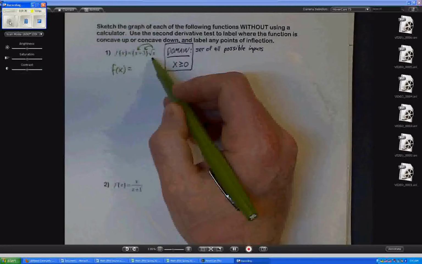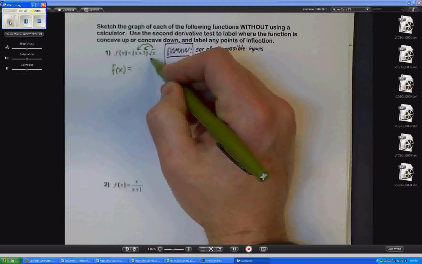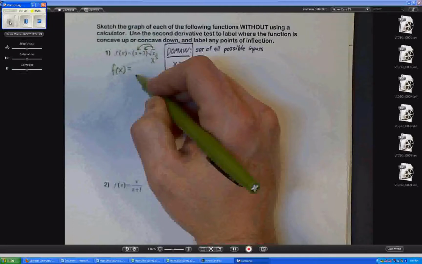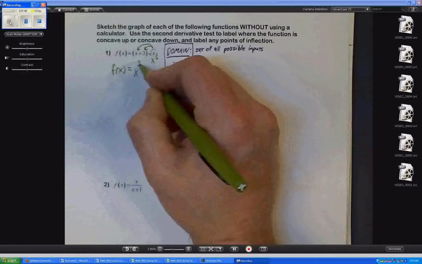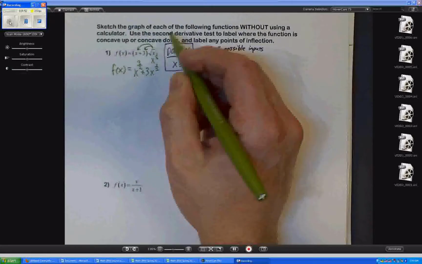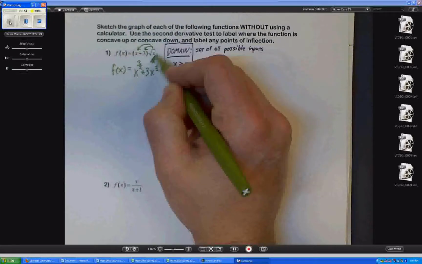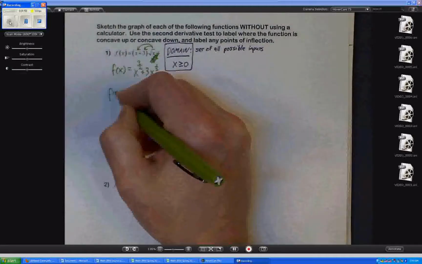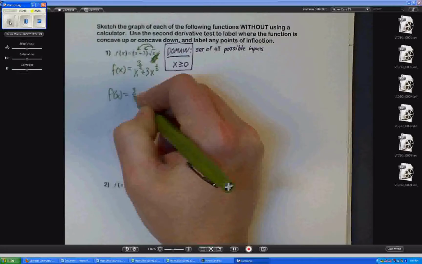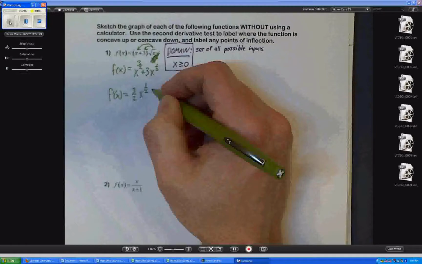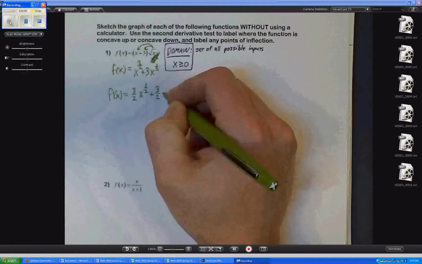What's another way to write the square root of x, by the way? x to the 1/2, okay? So then f of x is actually equal to x to the 3/2 power plus 3x to the 1/2 power, okay? Maybe that's my start. And now f prime of x is equal to 3/2 x to the 1/2 power plus 3/2 x to the negative 1/2 power.